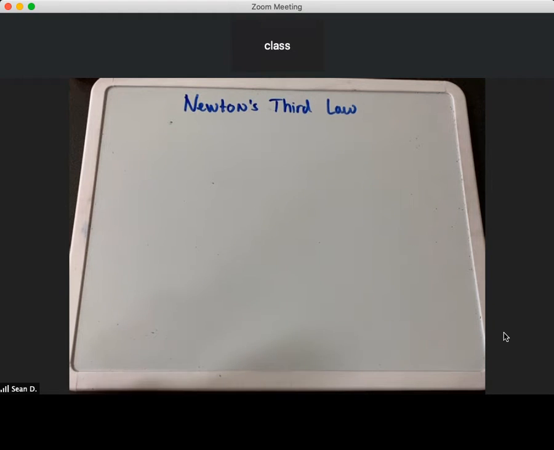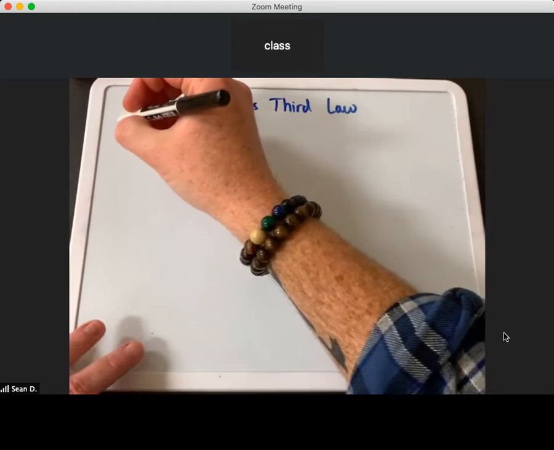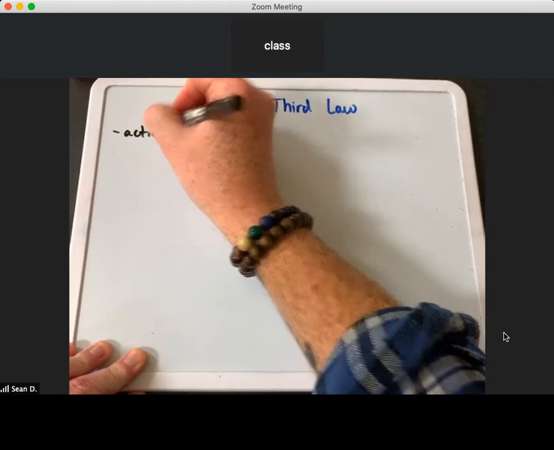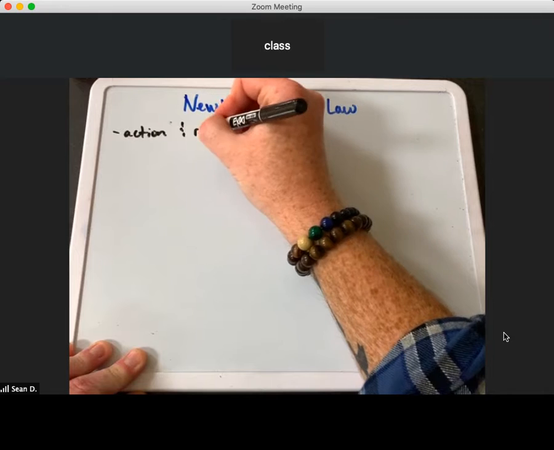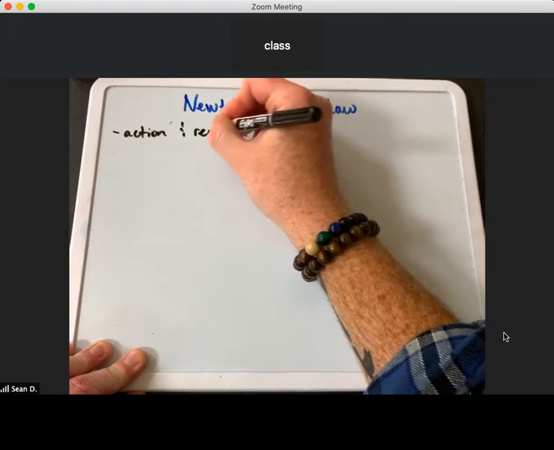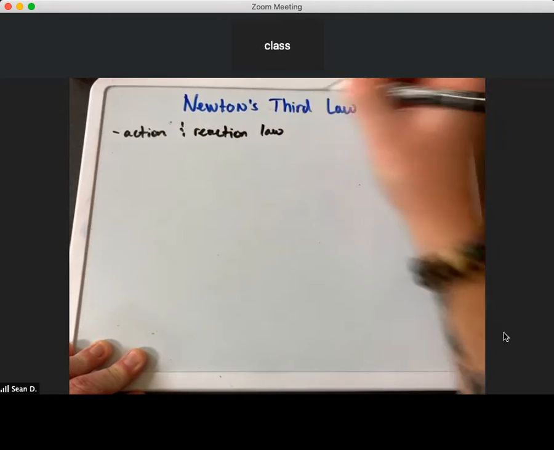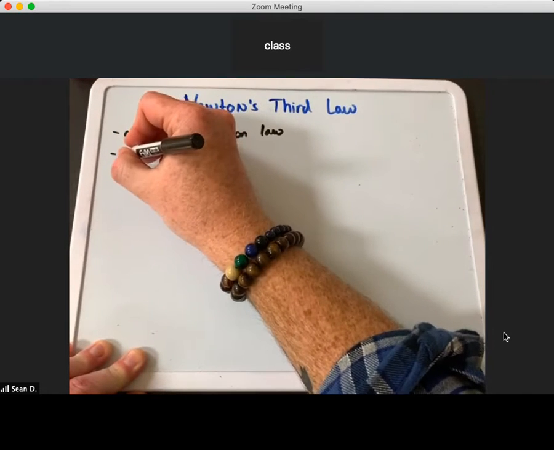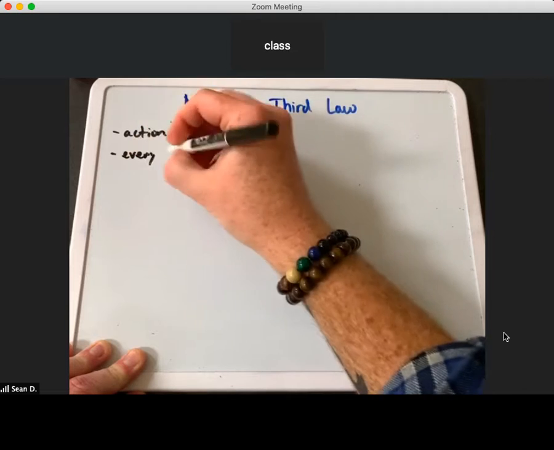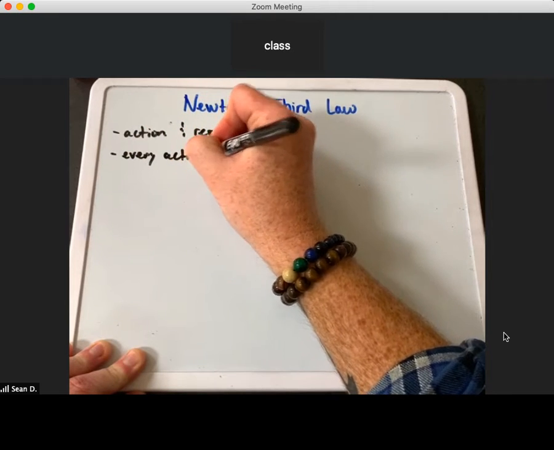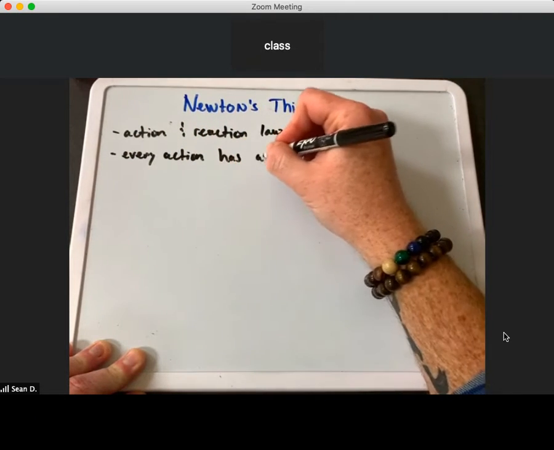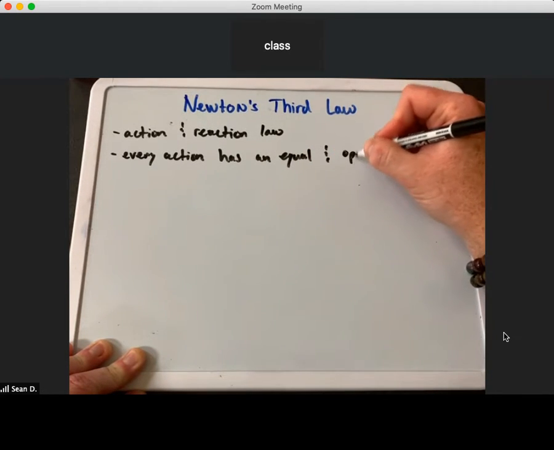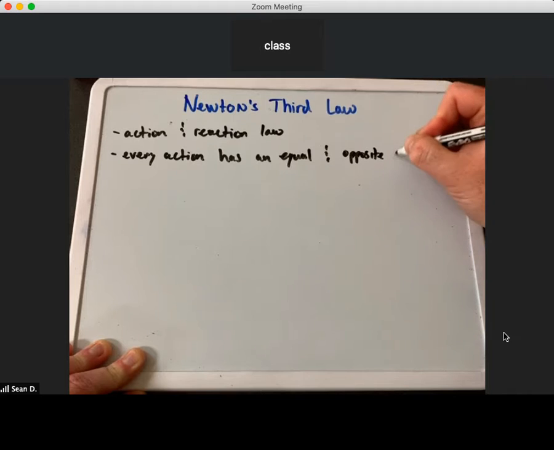Let's look at Newton's third law of motion, which is commonly referred to as the action and reaction law. And what this law tells us is that for every action there is an equal and opposite reaction.